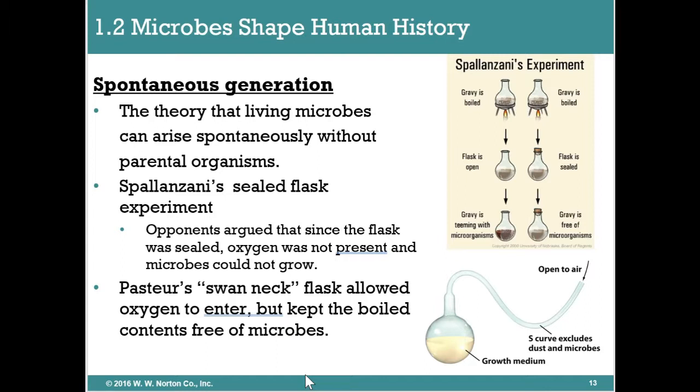With that, they were allowing oxygen in, but also keeping the growth medium free of any contamination. So with the swan neck flask, Pasteur actually disproved spontaneous generation. Louis Pasteur was the one who disproved spontaneous generation with the S neck.